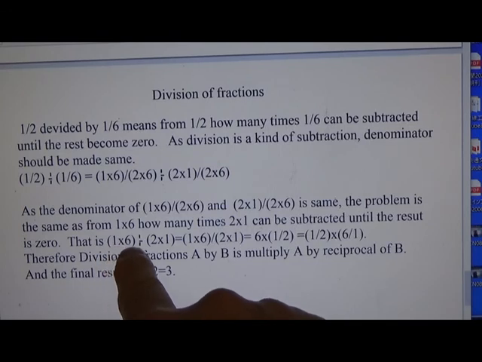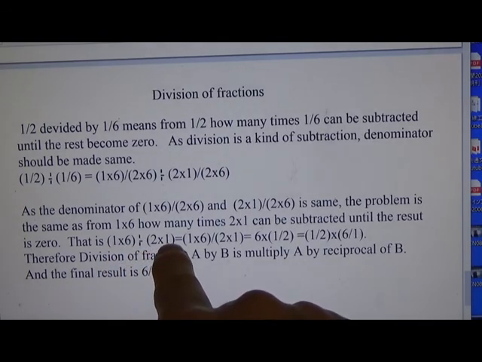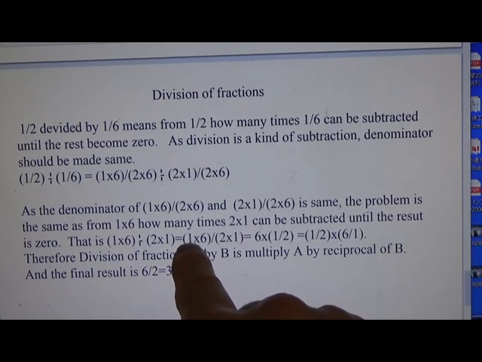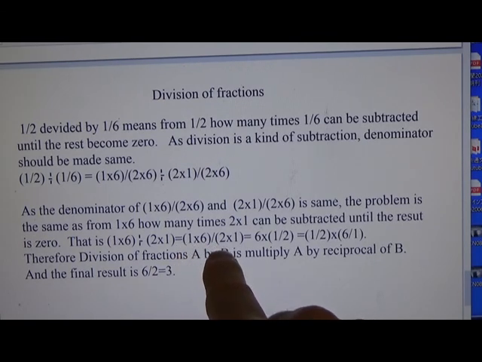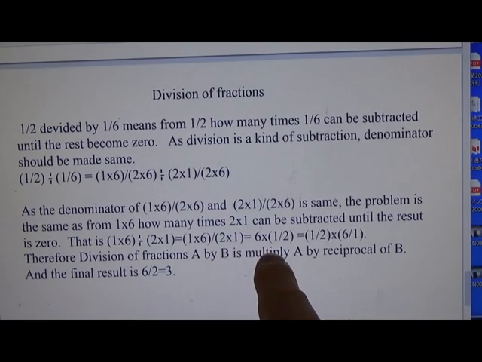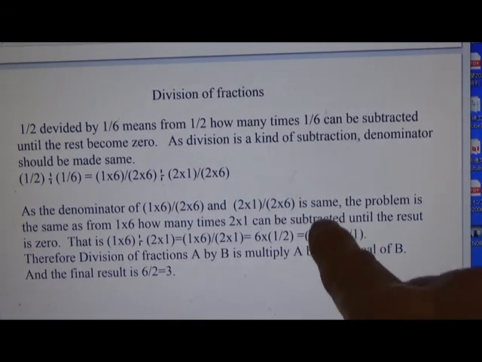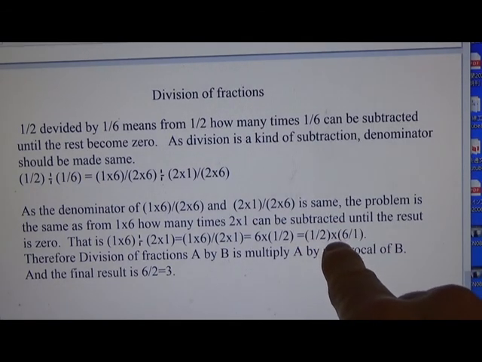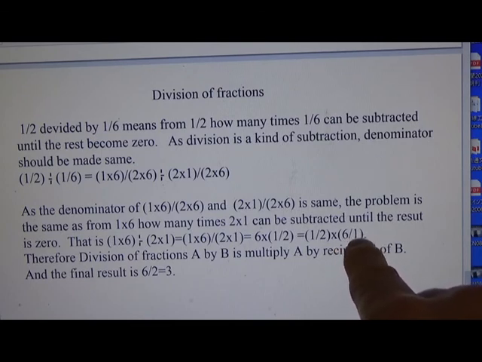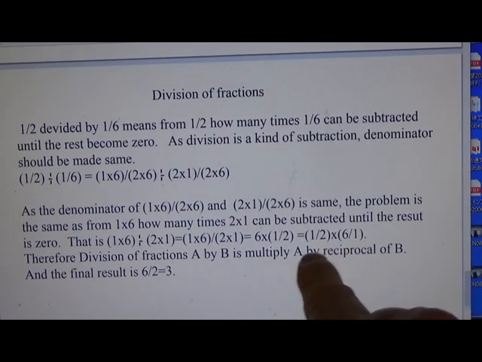That is 1 multiplied by 6 divided by 2 multiplied by 1. That is 6 divided by 2, which is 3.